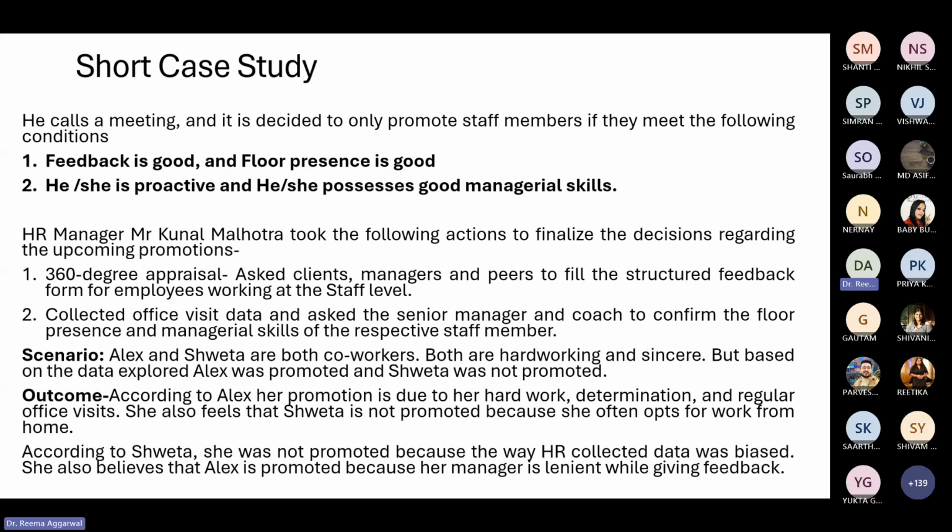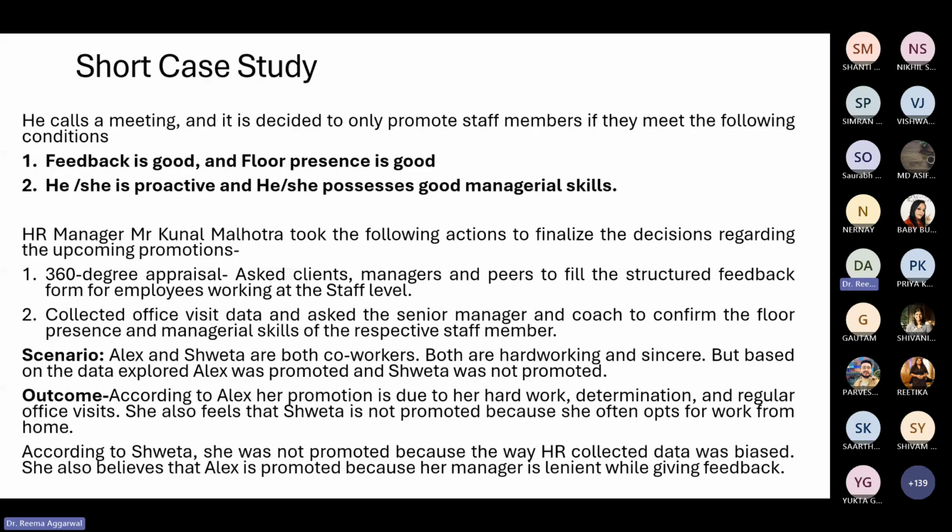The HR data was bad, right? But for Alex, the line she wrote, that Alex's promotion is because the manager is lenient, this is explaining the fundamental attribution error. What does that mean? When she is attributing someone else's success, she feels this is happening because of an external factor. Now is it clear? Yes, ma'am.